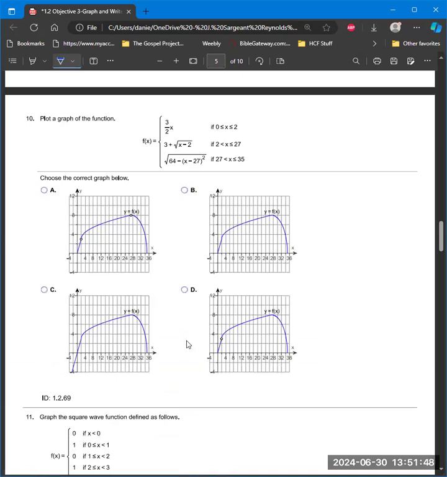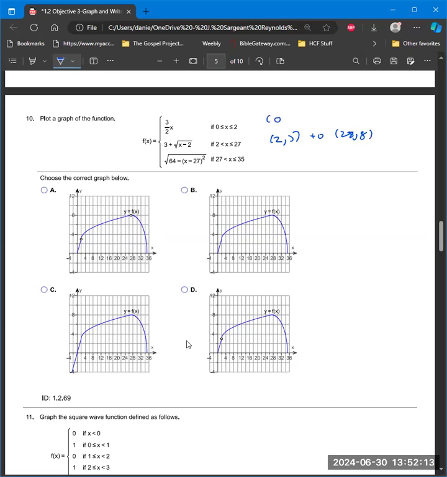Now we have a linear piece and then a radical piece. And this goes from 2, 3 to 5, 8 to 27, 8.